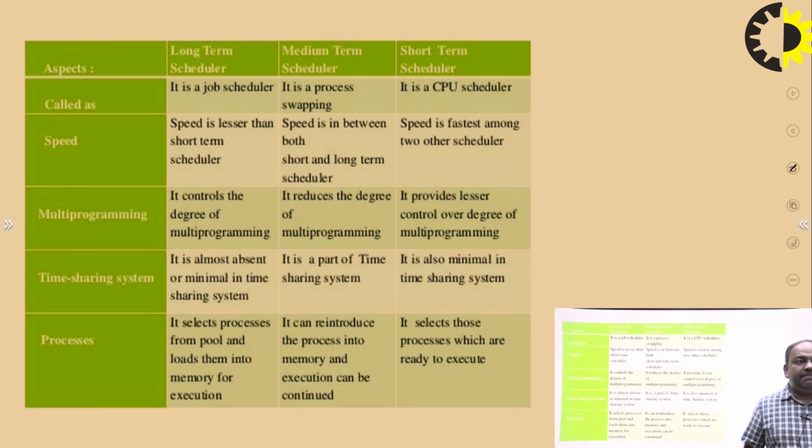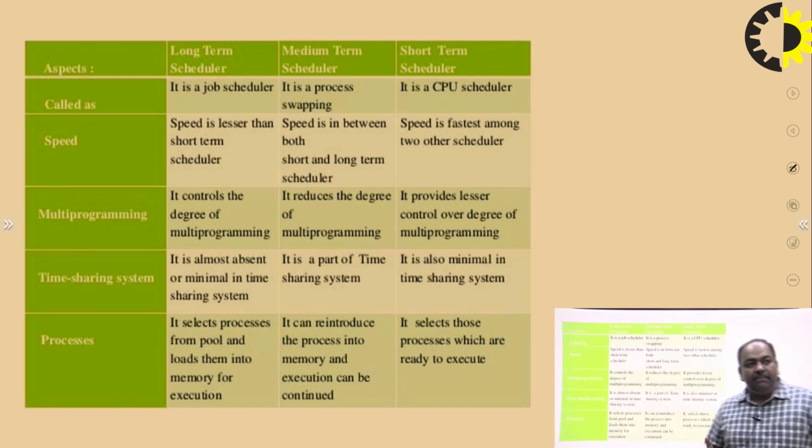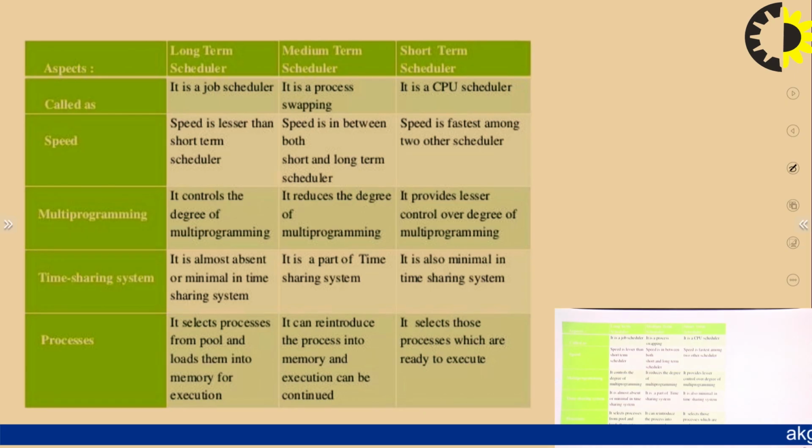In terms of speed, the long-term scheduler is slow, the short-term scheduler is fast, and the middle-term scheduler's speed is between the long-term and short-term schedulers. The long-term scheduler controls the degree of multiprogramming, the middle-term scheduler reduces the degree of multiprogramming, and the short-term scheduler provides less control over the degree of multiprogramming.